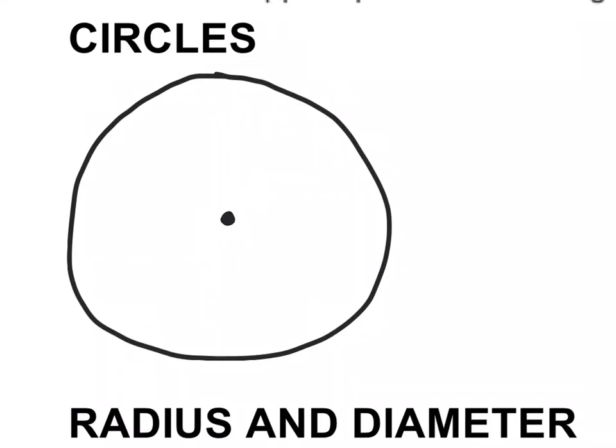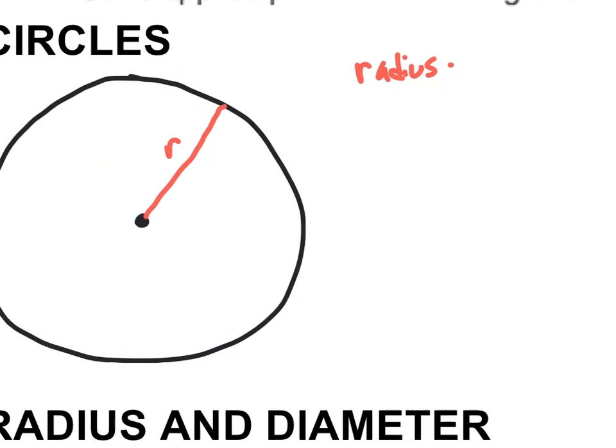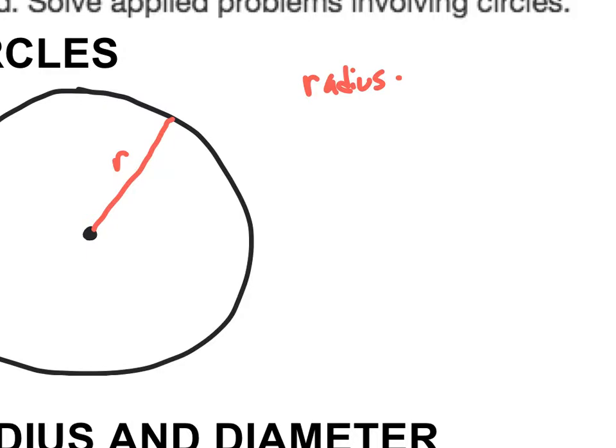What I mean by equidistant is that I can draw a length from the center of the circle to the outside, and I'm going to call that my radius. So my radius is the length on a circle from the center to any point on the outside.